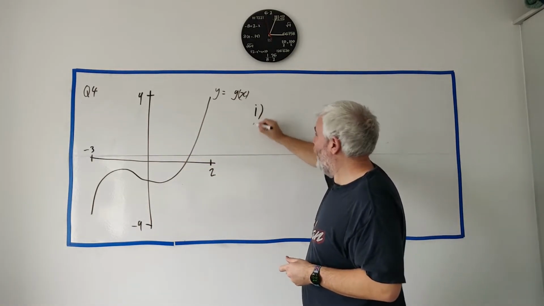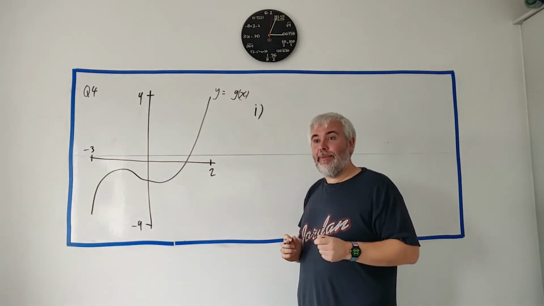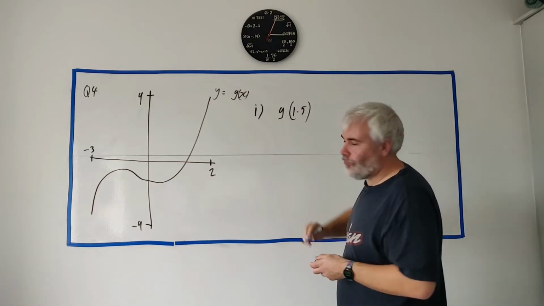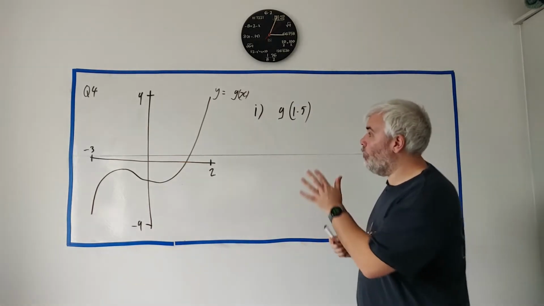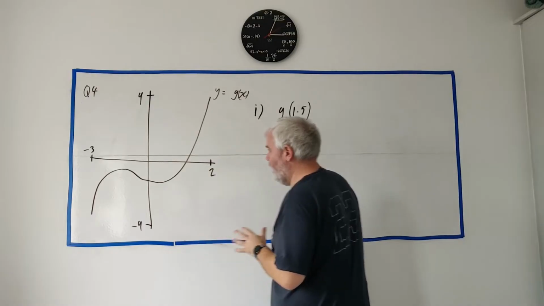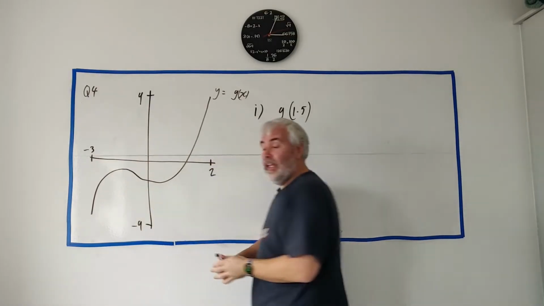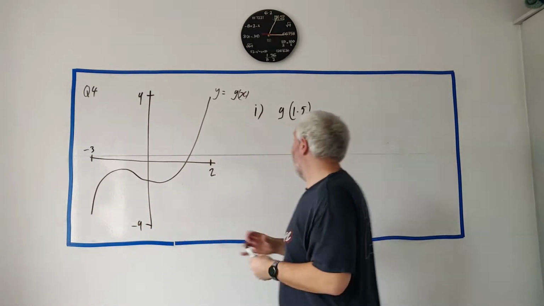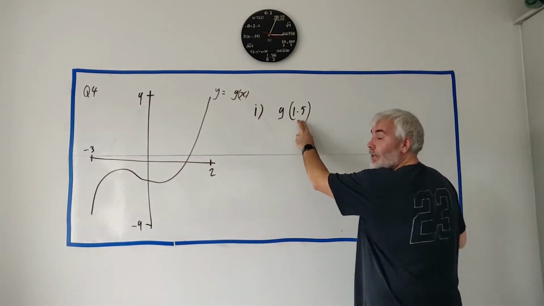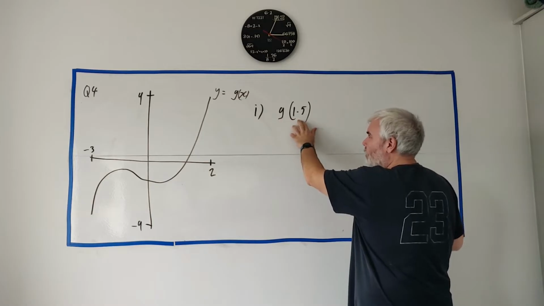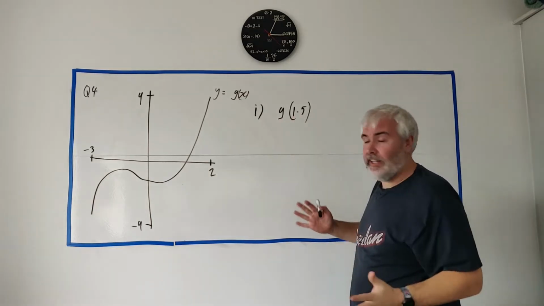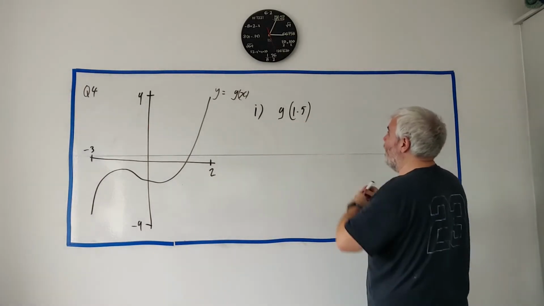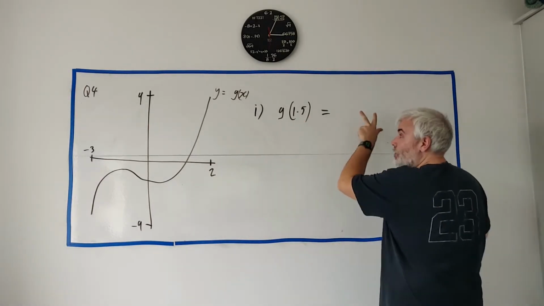Okay, so part 1 asks you to estimate the value of g(1.5). What we need to remember about functions and graphs is the x-axis is the number going in and the y-axis is the number coming out. So f of x, g of x, h of x, anything like that: what's inside these brackets is the x, that's the number going in, and the other side of the equals is the number that comes out.